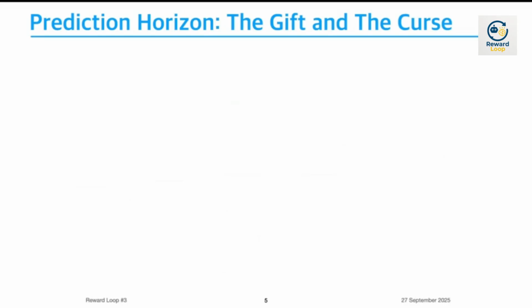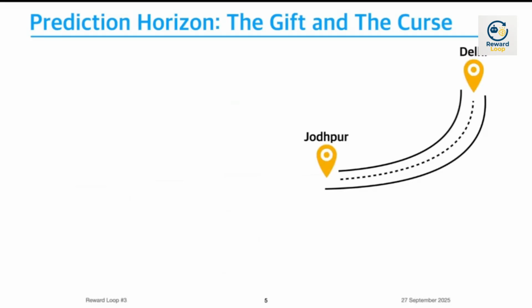Now I would like to discuss deeply how the value of the prediction horizon affects our control performance. Here I have declared that the prediction horizon is a gift and a curse. I would like to take an analogy here. Suppose you are traveling from Jodhpur to Delhi by road. You would like to plan your journey: what is the distance between Delhi and Jodhpur?